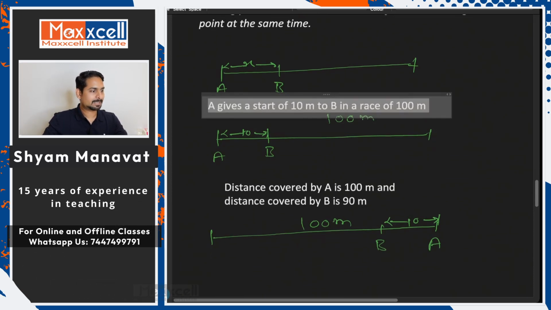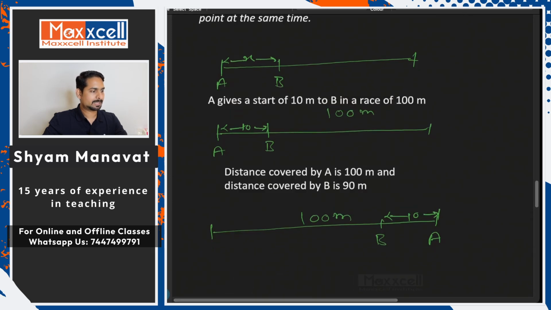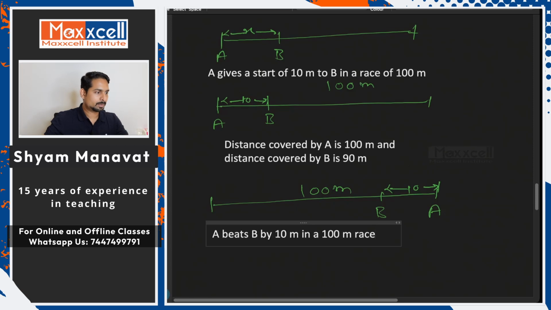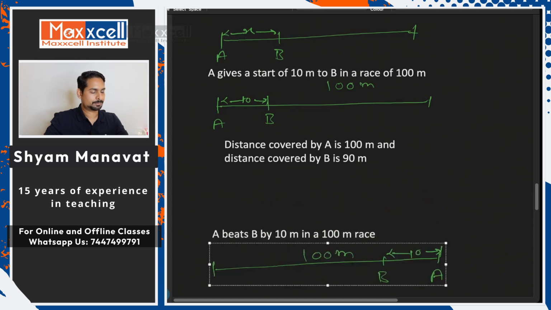The second diagram is for when the question is A beats B by 10 meters in a 100-meter race. Okay, I hope this is clear to you.